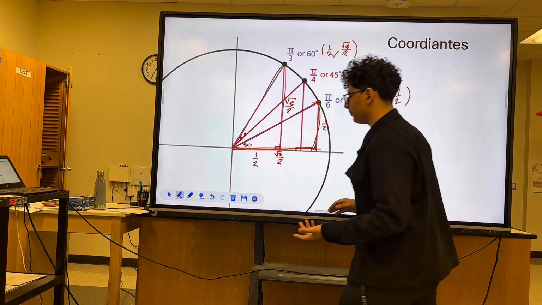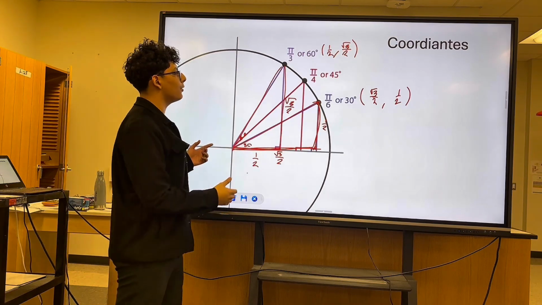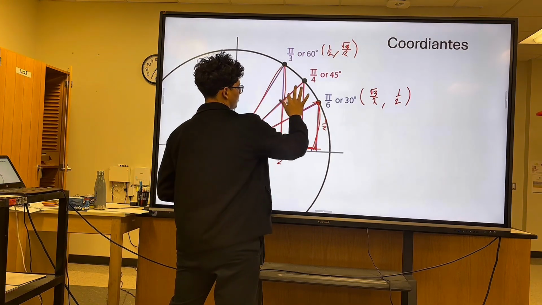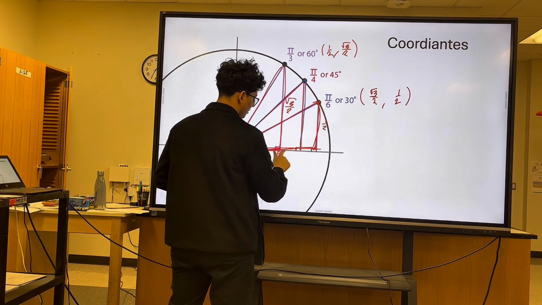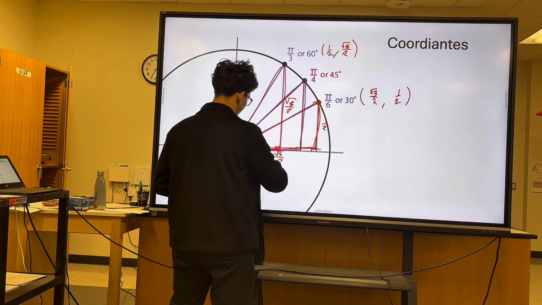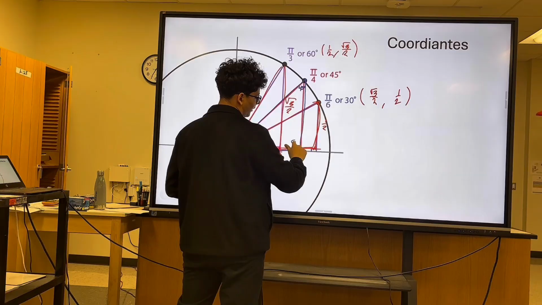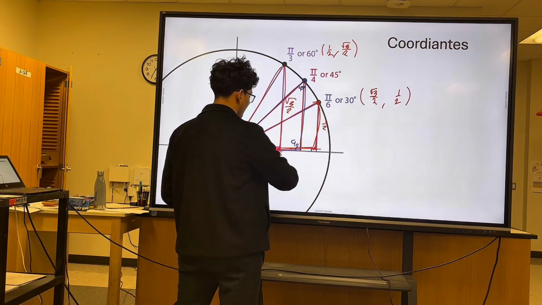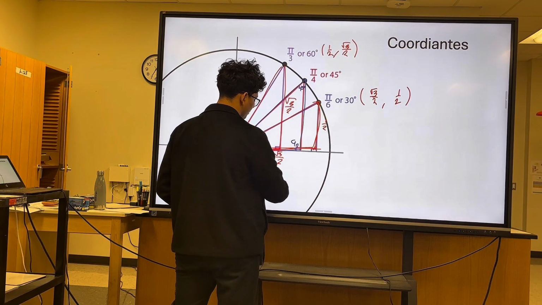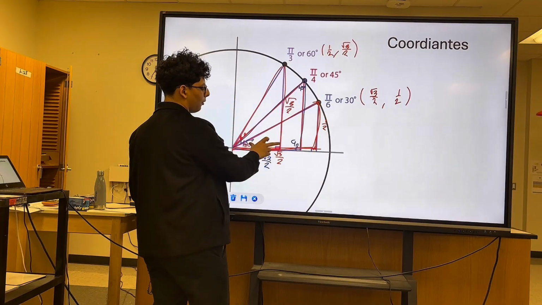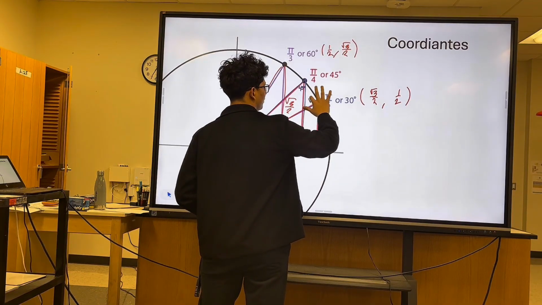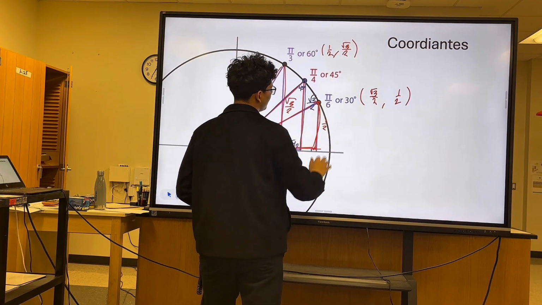That's the coordinates. Wrapping things up on the 45 triangle, since I already said, this is 45 degrees. This is actually also 45 degrees, and this is 90 degrees. And we said that this side was square root of 2 divided by 2. Since they're both equal, it's also going to be square root of 2 divided by 2.